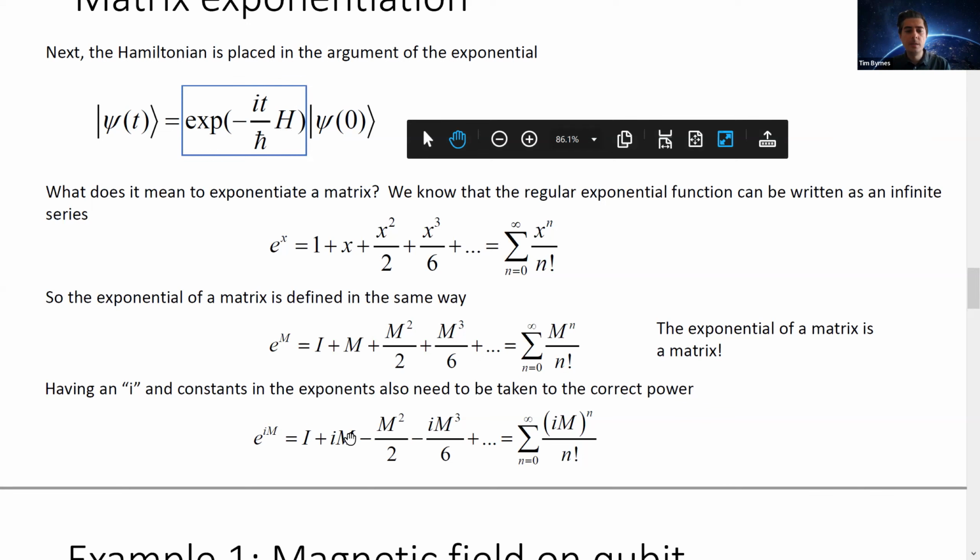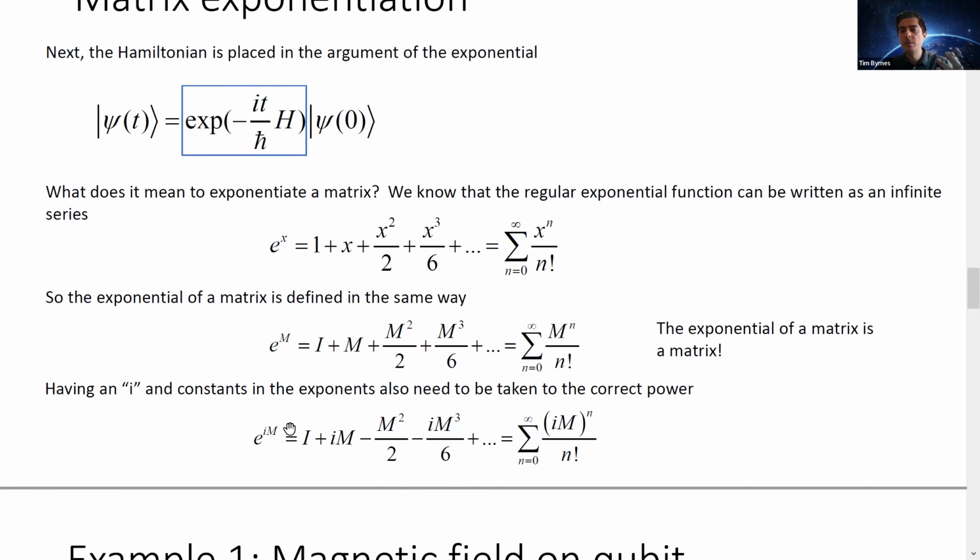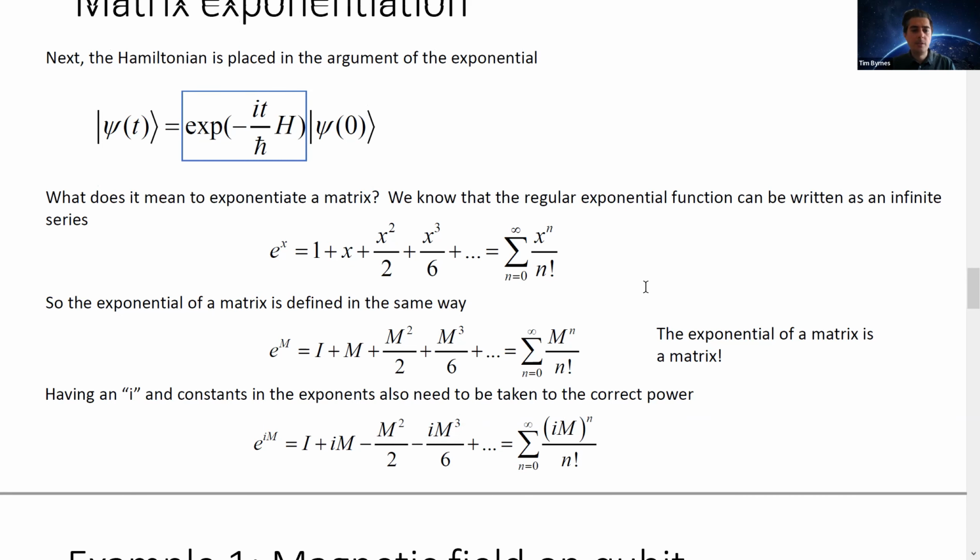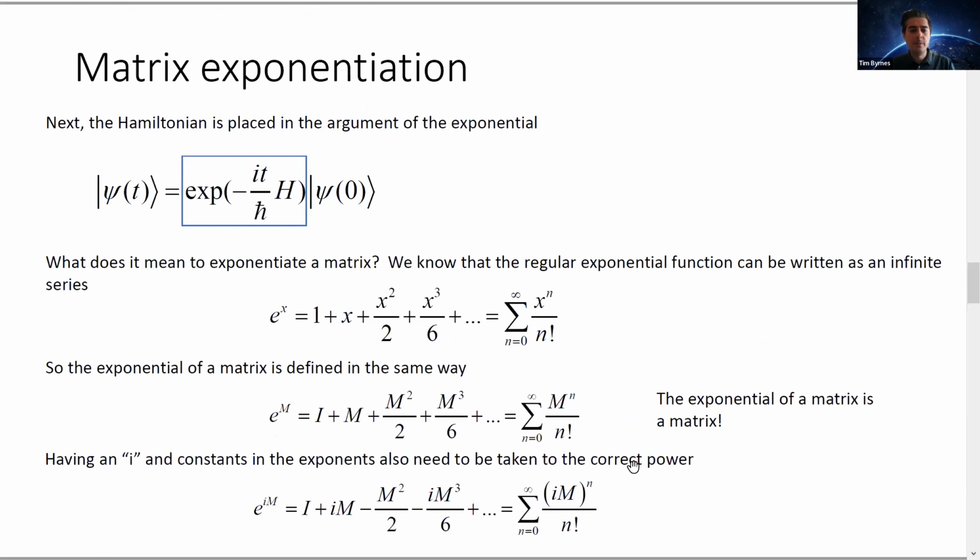When I did this expansion, I'm implicitly thinking that M and M squared are all real, and the only part that's imaginary is coming from this i. So this is why I can say that the even terms are going to be purely real, and all the odd terms are going to be purely imaginary. Okay, so that's what matrix exponentiation means.